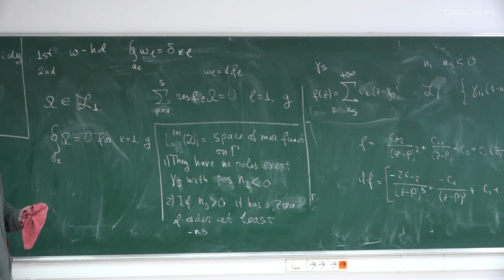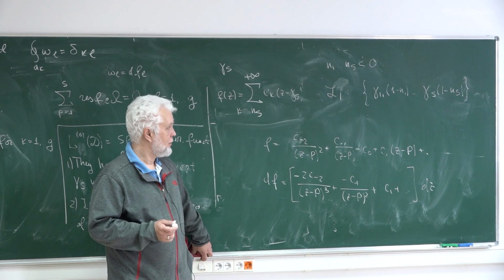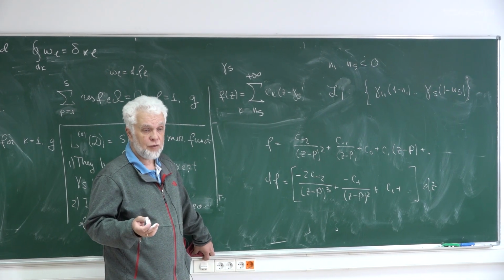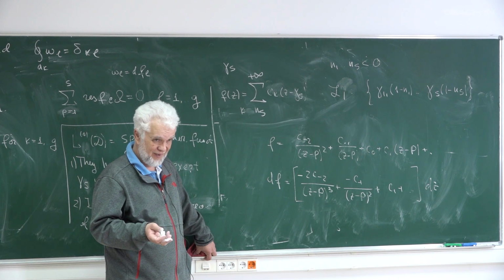Therefore, we know it is from the space of differentials. But what is the constraint? What is the necessary and sufficient condition that a differential is the differential of a function? All b periods are equal to 0. Agree.